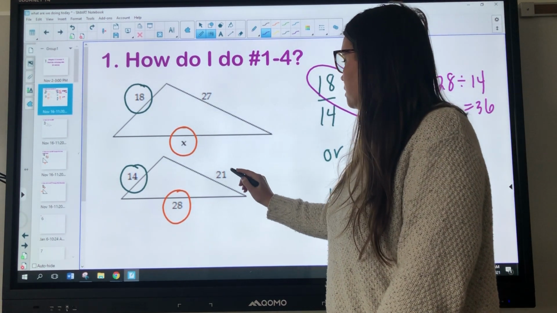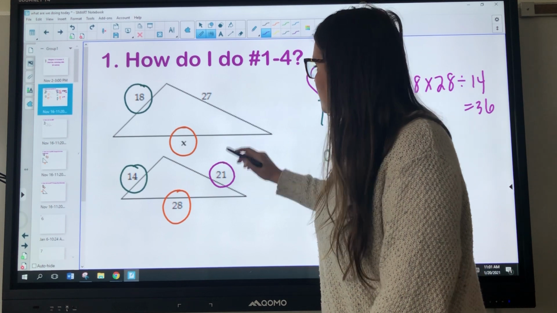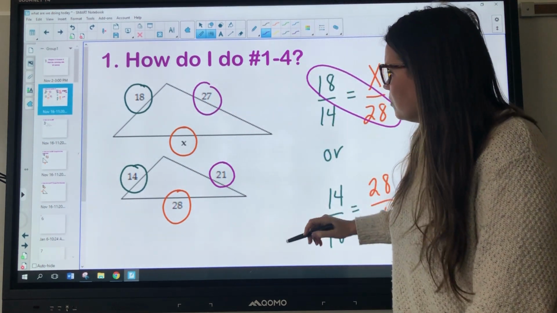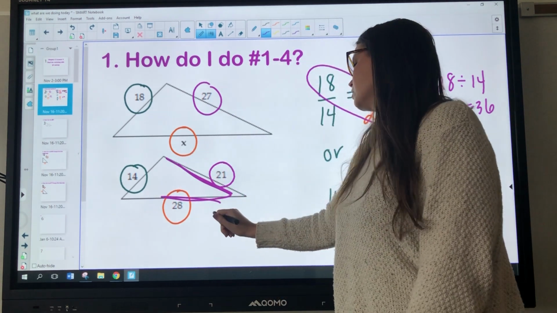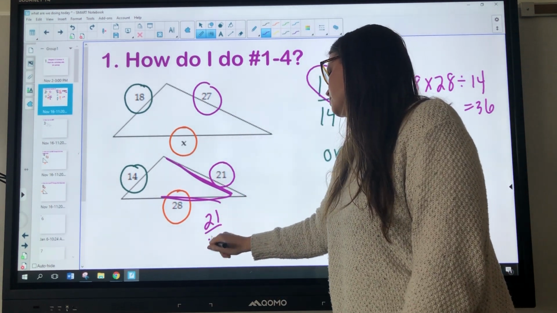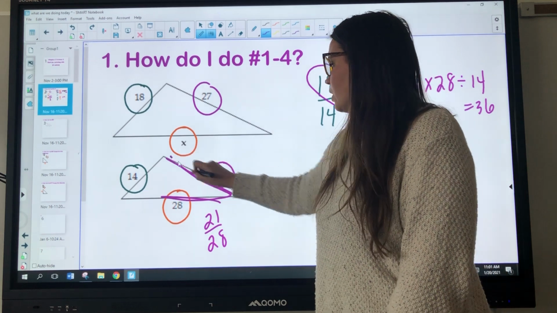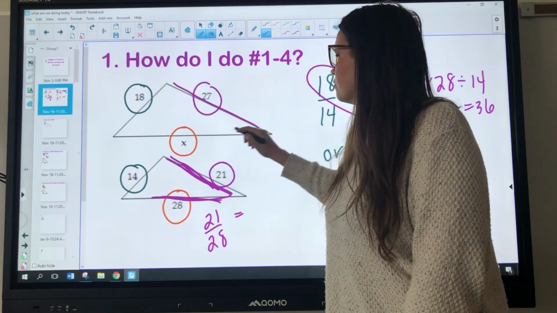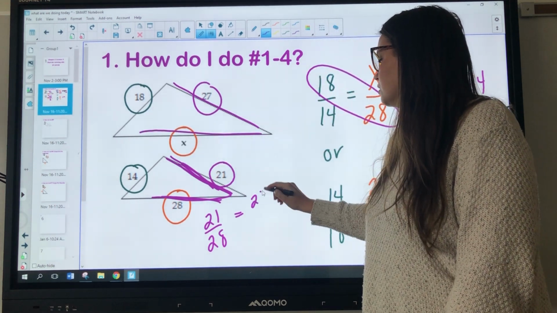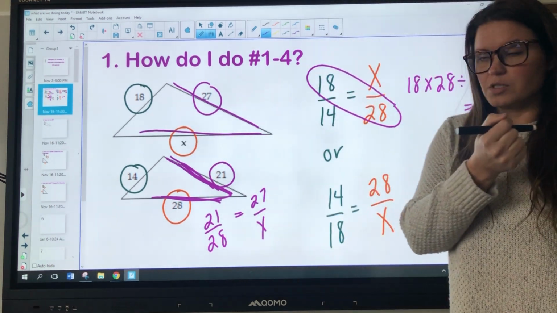You can pick 21 and 27, and maybe you put the 21 and the 28 together. Watch this. So you do the right side over the bottom equals the right side over the bottom. That'll work too, as long as you're consistent.